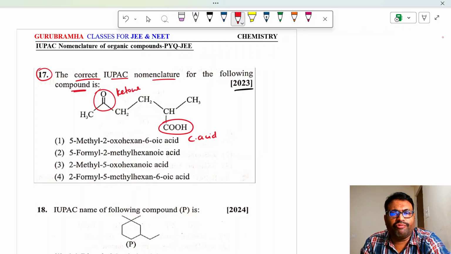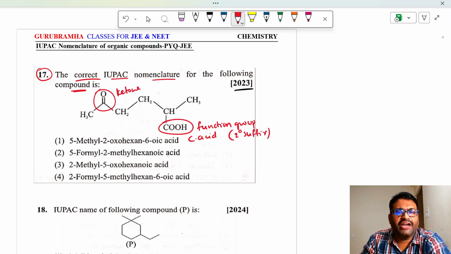So, if one functional group is having more priority, then that is considered to be the functional group, and it is written under secondary suffix. Okay, and this ketone is considered to be substituent, and it is written under secondary prefix.